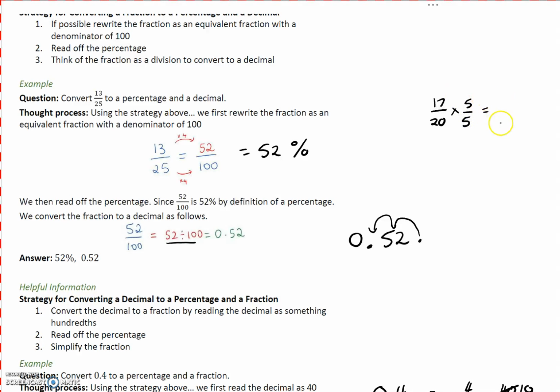That gives me a denominator of 100. And then 20 times 5 is 100. And then 17 times 5 is 85. So the answer is 85 on 100. Now that as a percentage would then be 85%.